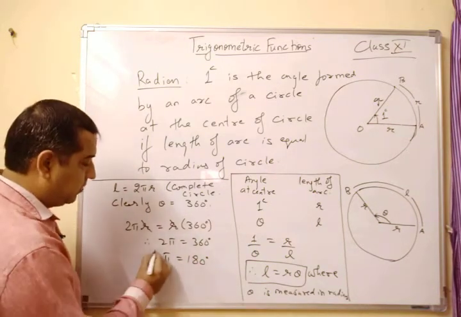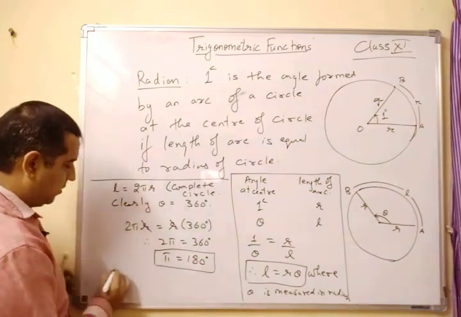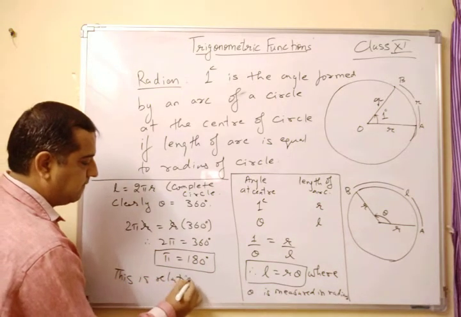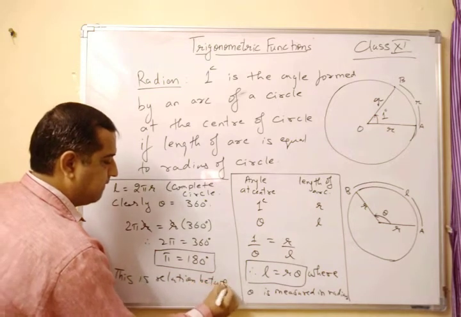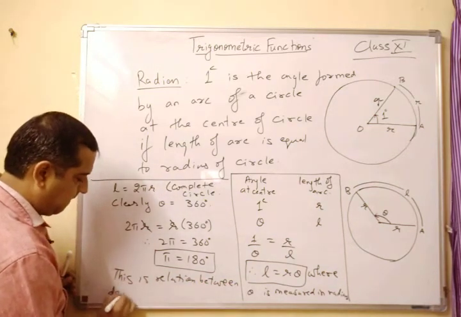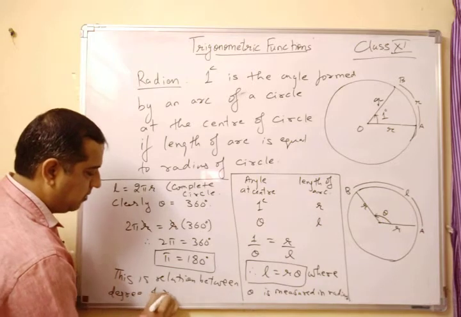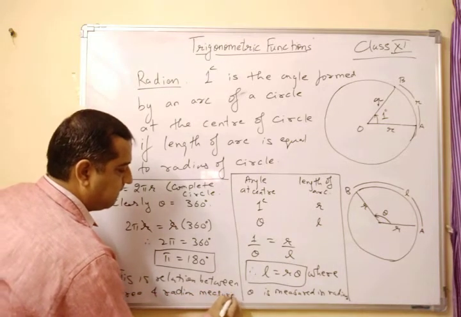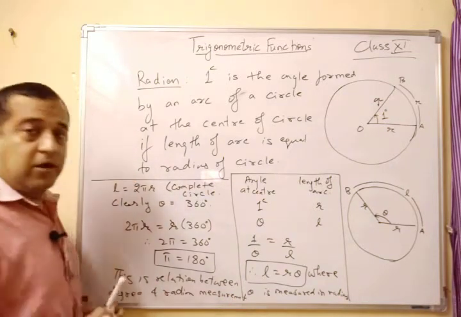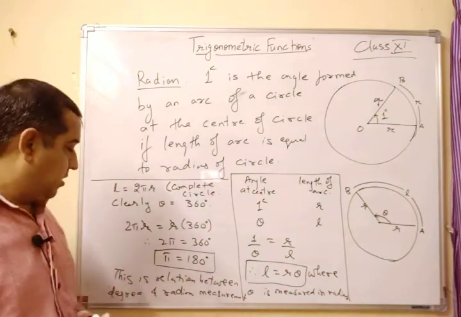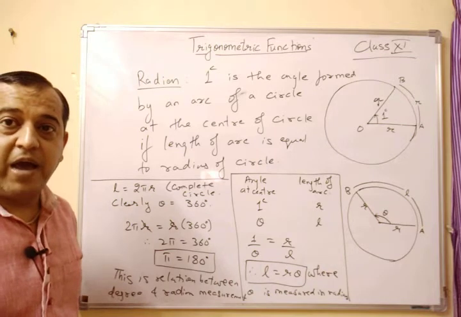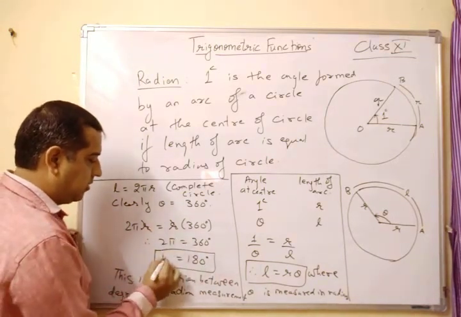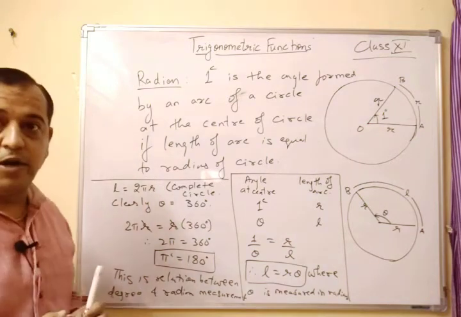So this is the relation between degree and radian measurement of the angle. Pi radians is equal to 180 degree.